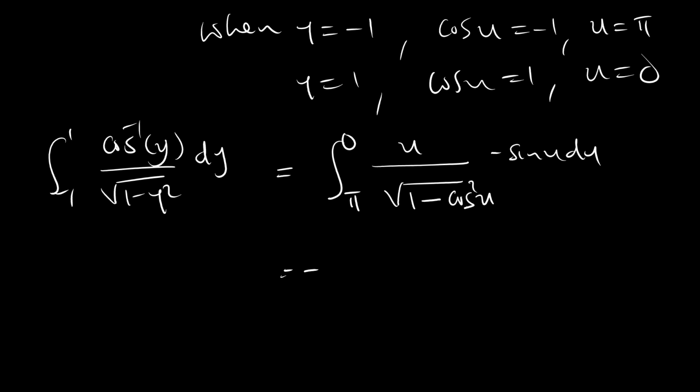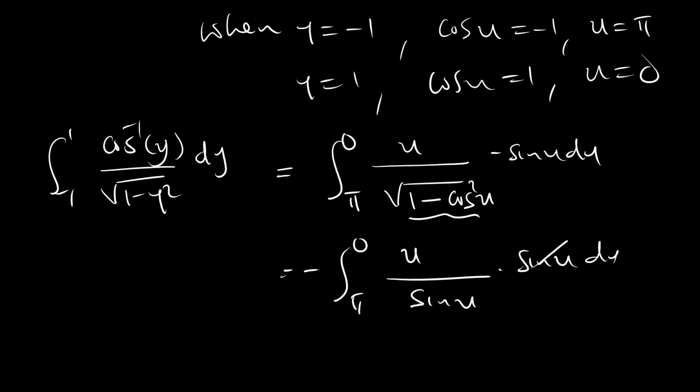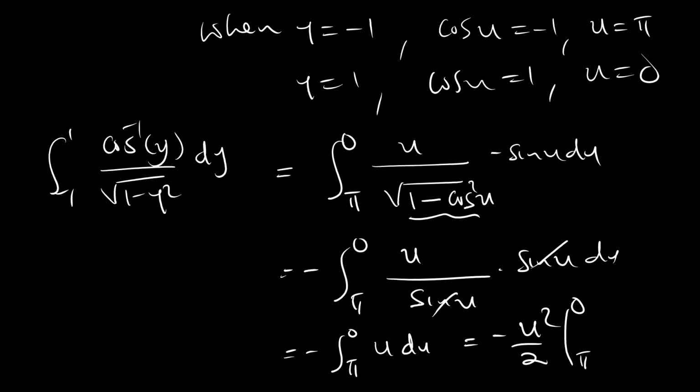So this becomes negative integral from pi to 0 of u. In this interval here we have sine u du, and this becomes negative integral from pi to 0 of u du, which is negative u squared over 2 from pi to 0, which is equal to pi squared over 2.